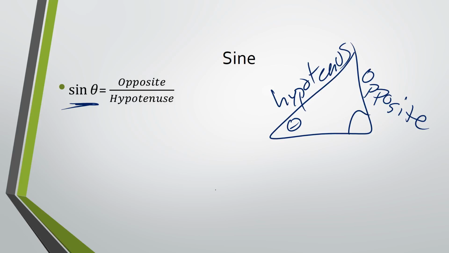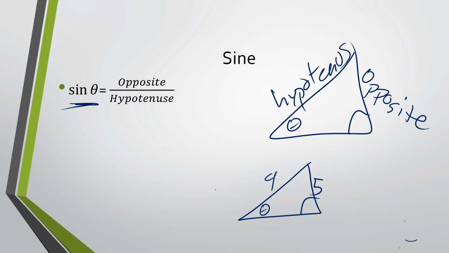So for instance, if I gave you this triangle, let's say we have some theta here. We have this side, let's have it 5, and we have some hypotenuse, let's say 9.